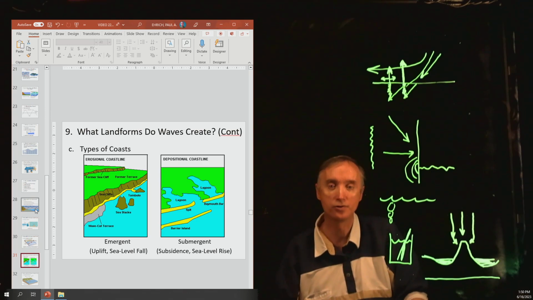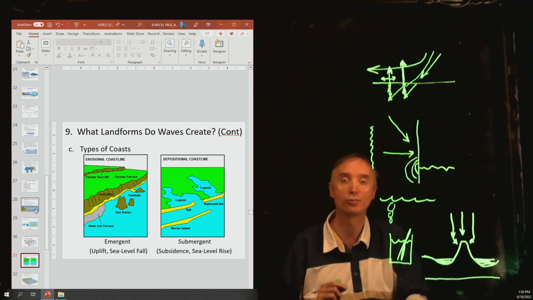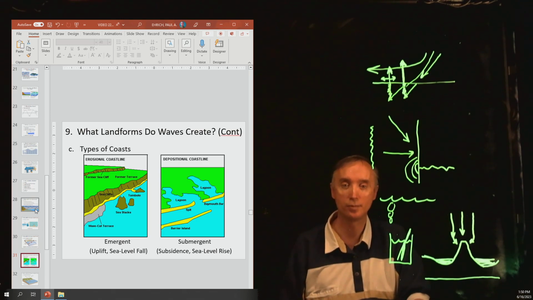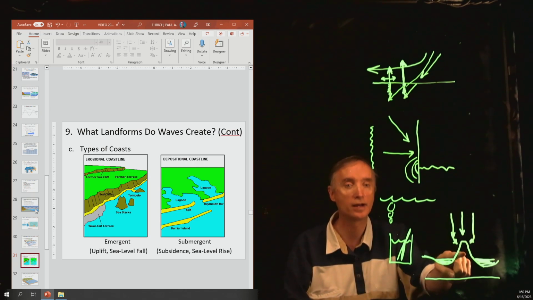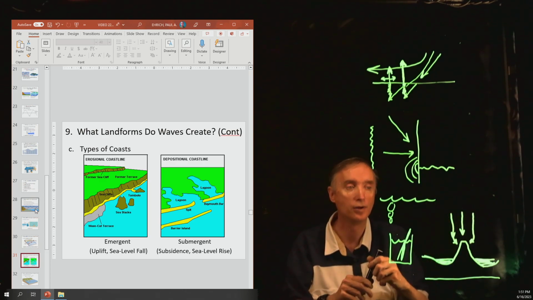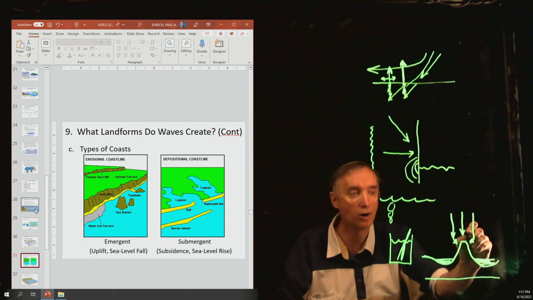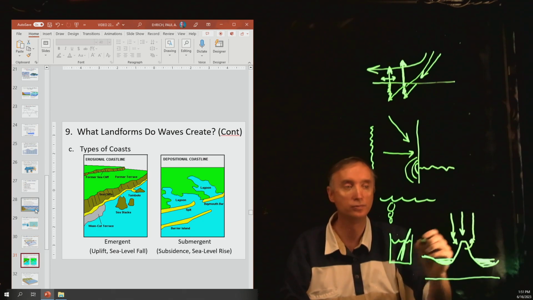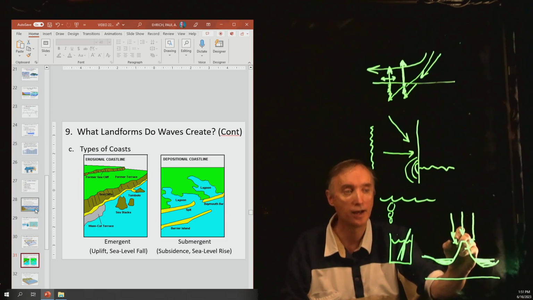In an emergent coastline, erosion is what's going to be happening. So notice you have those big cliffs there. You're going to have sea stacks. So originally, let's go back down to this picture here. As this thing gets hit, what can happen is the water can start to drill holes into this rock, and so you get sea caves when that happens.